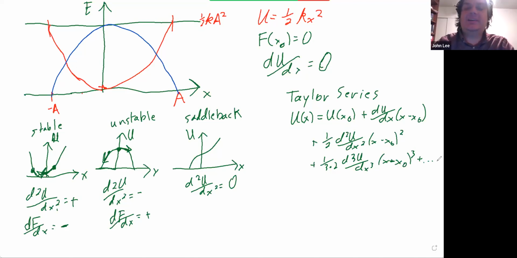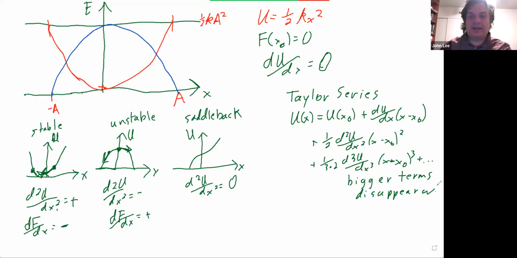But if x minus x naught is greater than 1, then that's going to be bigger than x minus x naught squared. So the bigger terms matter. Terms disappear with small x minus x naught.